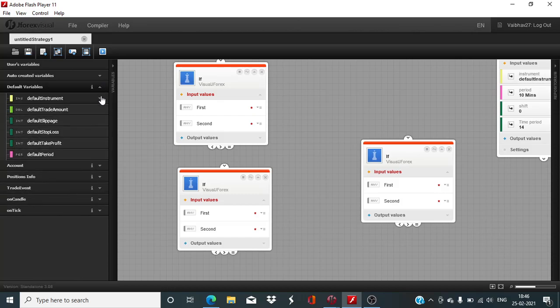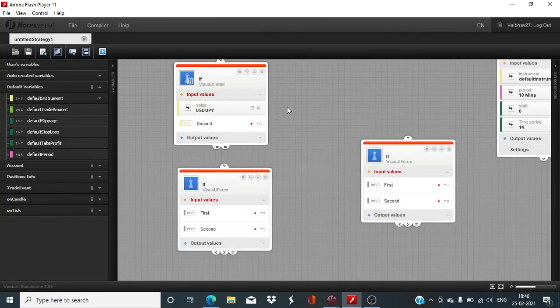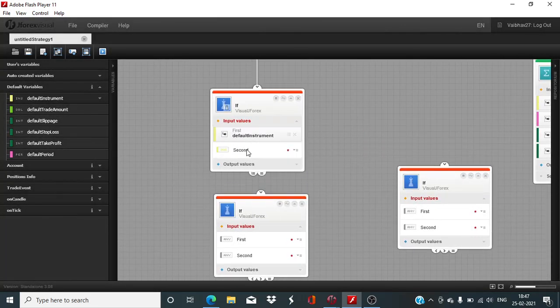Here the default instrument is going to be USD JPY, as we are working with the USD JPY, not EUR USD. If you want, you can always use a different instrument, any instrument on which you want to design and develop the algorithm, provided it is supported by the platform. So I have changed this instrument.